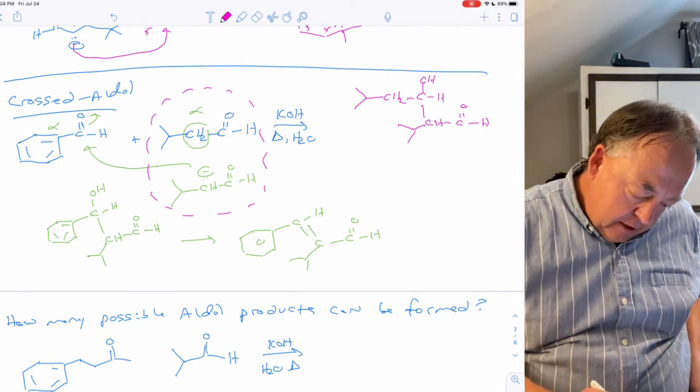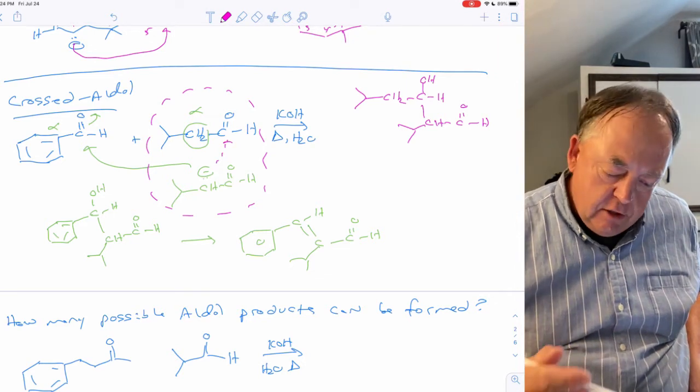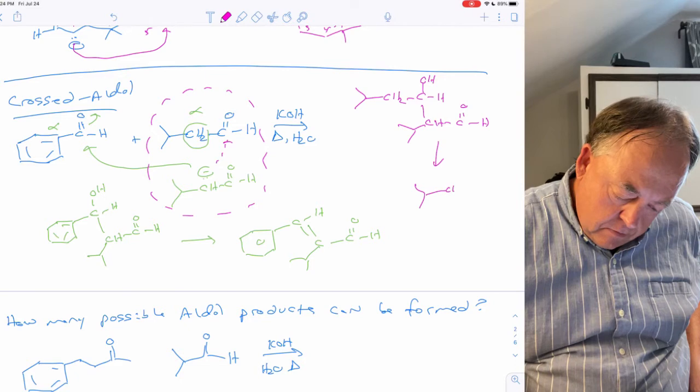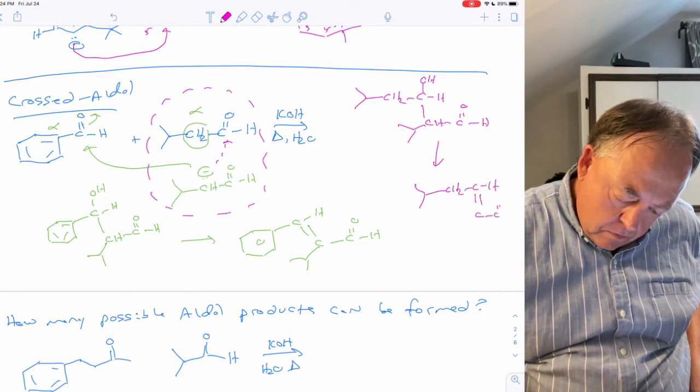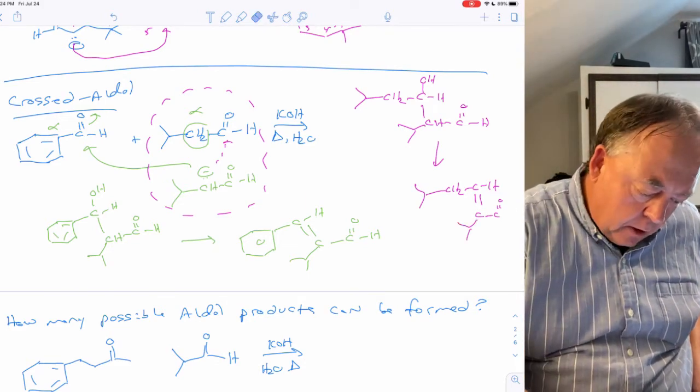So that could have reacted here, or that could have reacted there to make that C double bond O and OH. And then if that dehydrates, you could have made that as a second possible product.